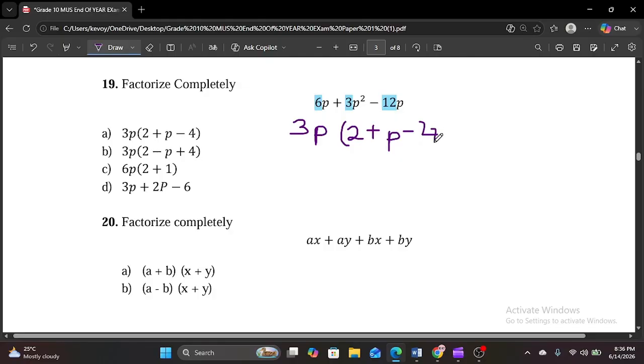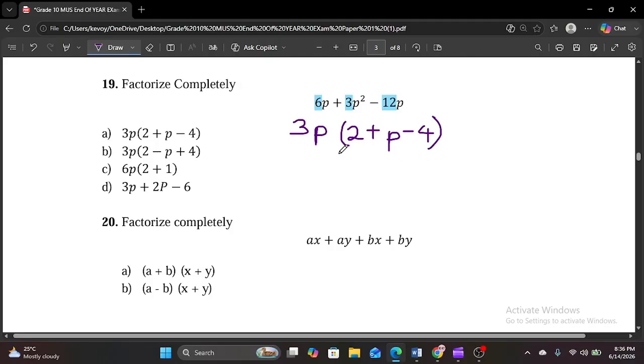And if I take p from this third term, I'll be left with no letter right here, so p will be gone. So if you have your answer looking like this, yeah, this could work.